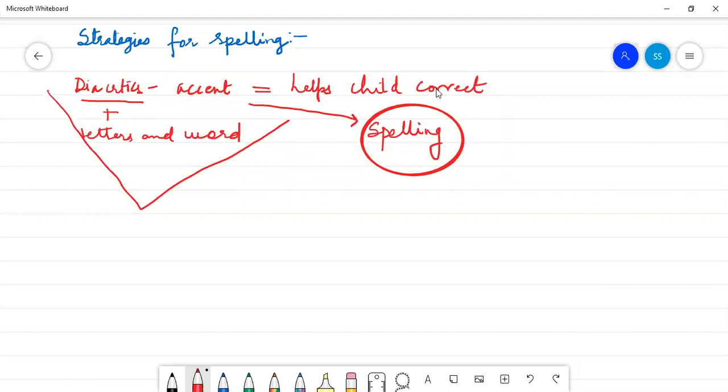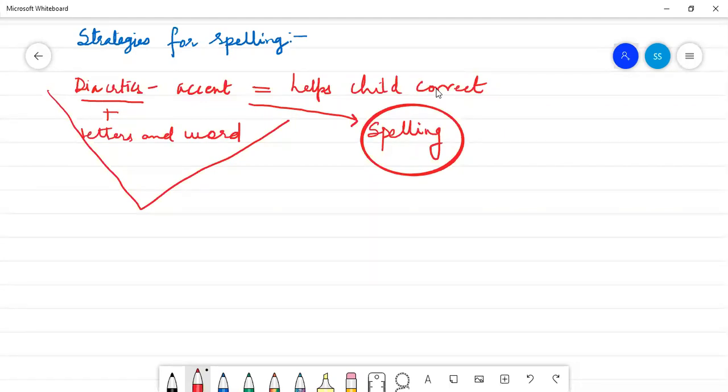Because it does not always mean that you only have to teach the spelling with the letters; rather, you need to use the elements of sound, the accent, which is a very important element of the language.